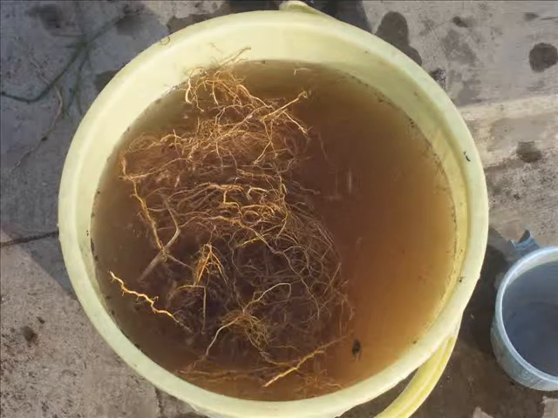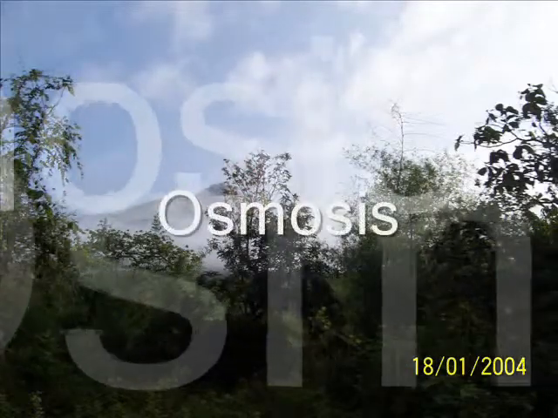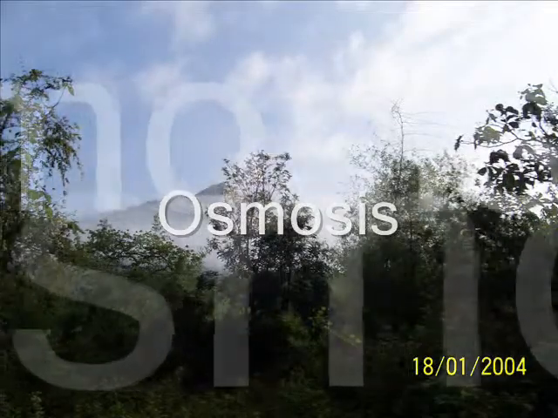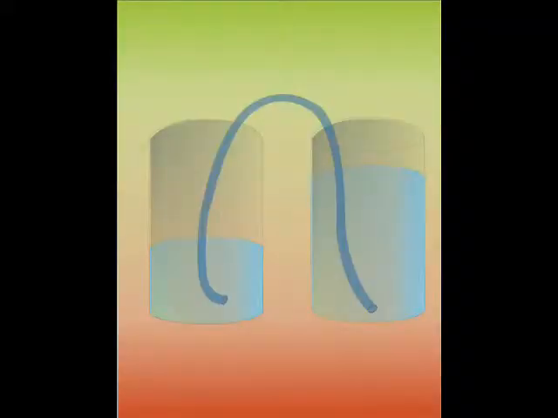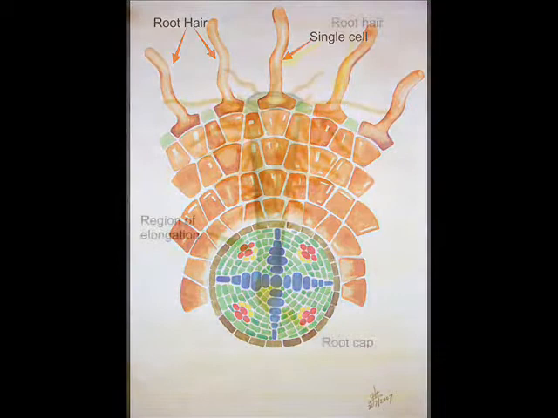Water is absorbed through root hairs in a process called osmosis, where a substance moves from a place of its higher concentration to a place of its lower concentration. Root hairs are minute single hair-like cells which are found near the root tips.